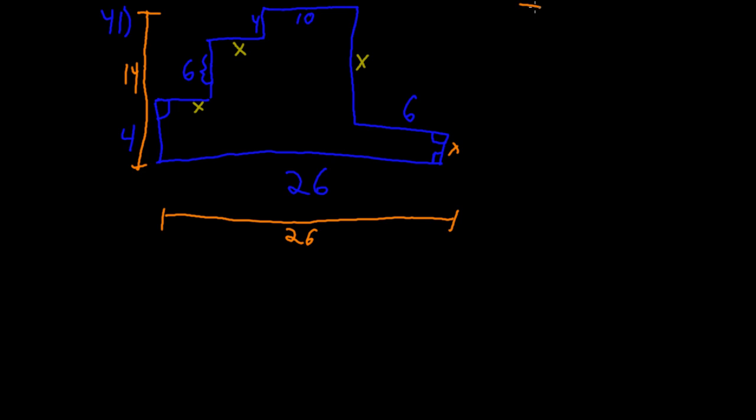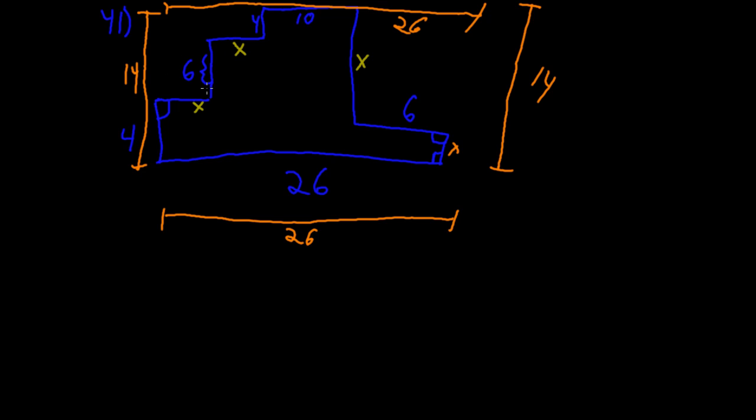So the height on this side will have to be equal to the height on this side. So this height will also be equal to 14. Using the same reasoning, the width along the bottom is the same as the width along the top.